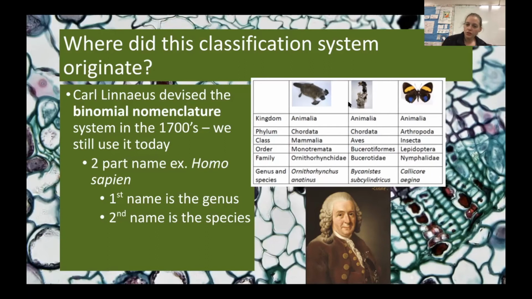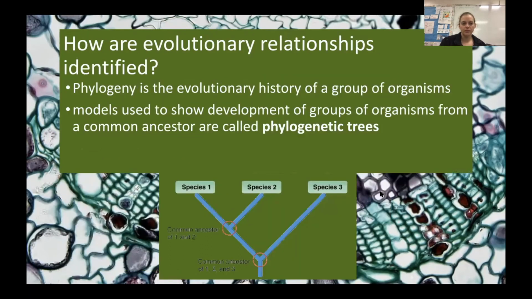So these two, the platypus and this bird, are more closely related than the platypus and this butterfly, or the bird and this butterfly. So that's how you would use one of these charts, and you'll need to use one of those in the future. Notice how these scientific names were written. Again, capital letter, lowercase letter, all in italics, and we see the genus and species written together.